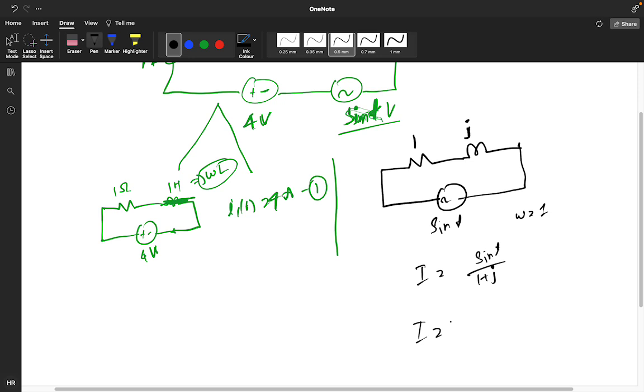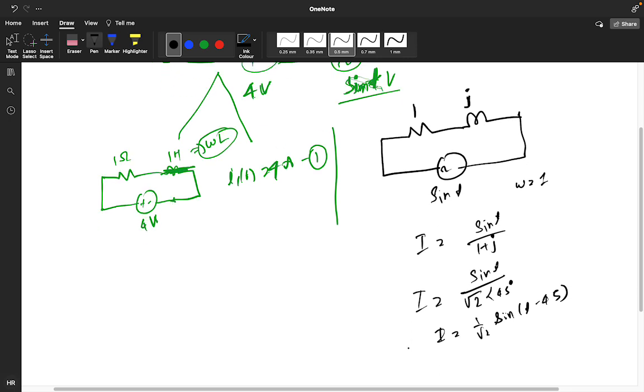In the form of angle, 1 plus j is root 2 at an angle of 45 degree. So I will be 1 upon root 2 sin of t minus 45.